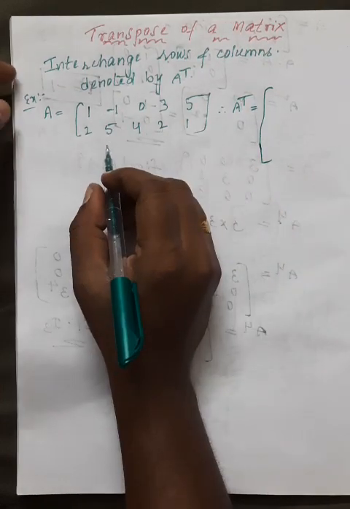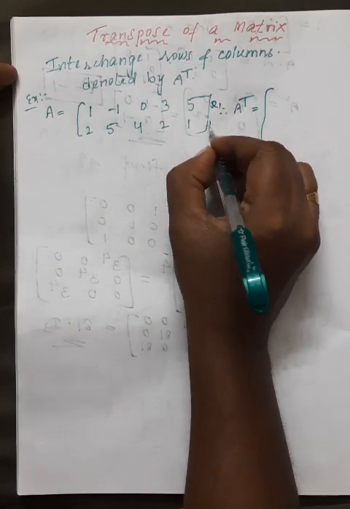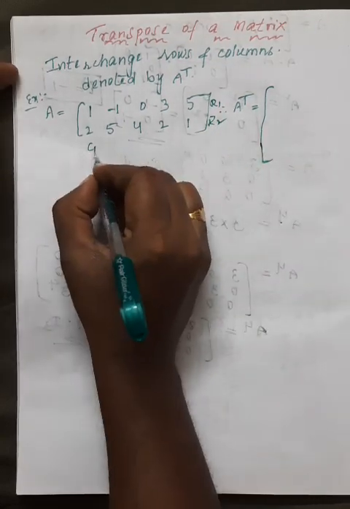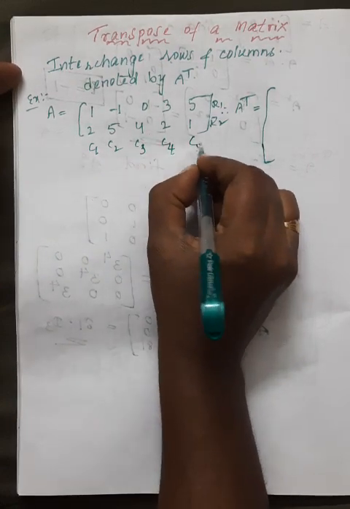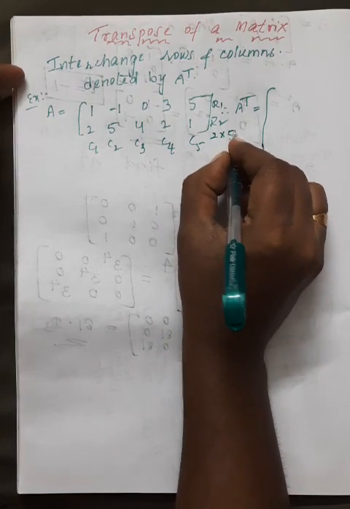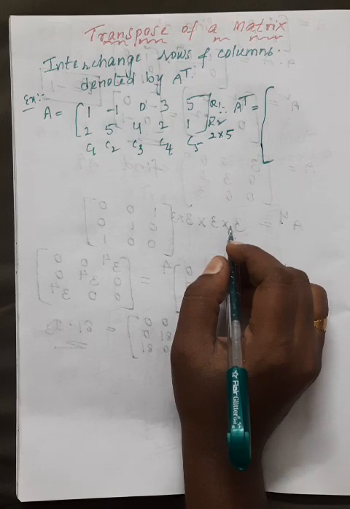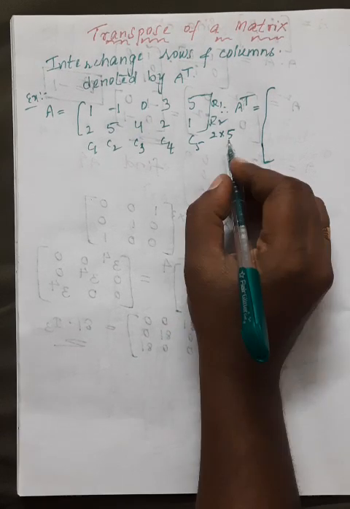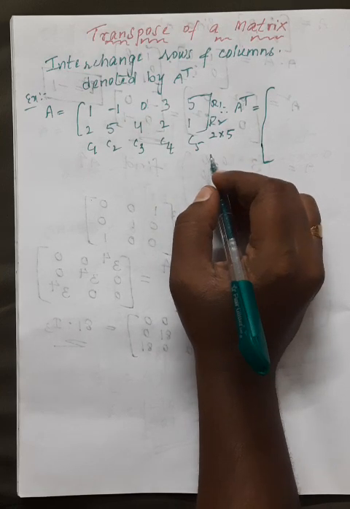So here the order of the given matrix is: row 1, row 2, column 1, column 2, column 3, column 4, column 5. So 2 rows and 5 columns, so it is a 2 by 5 matrix. Now the obtained matrix, that is the transpose, is of order 5 cross 2, that is, you will get 5 rows and 2 columns.